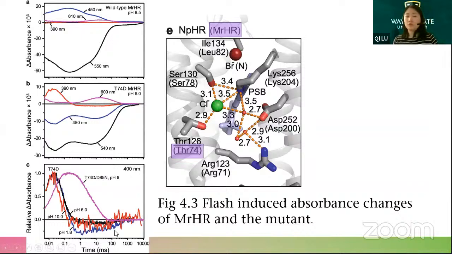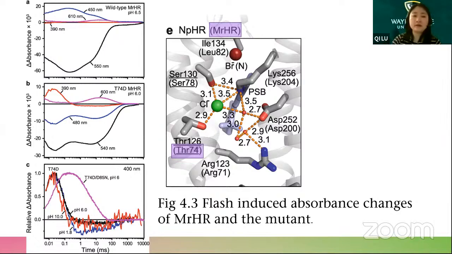After it changed to a proton pump, its function also became sensitive to pH. We know that a proton pump is closely linked to the pH status of the intracellular or extracellular environment.